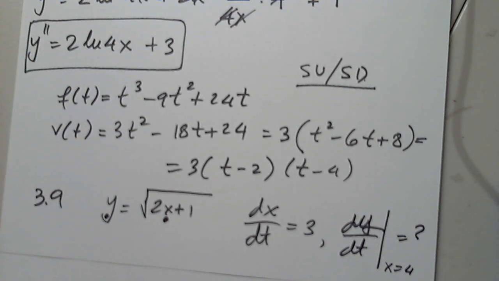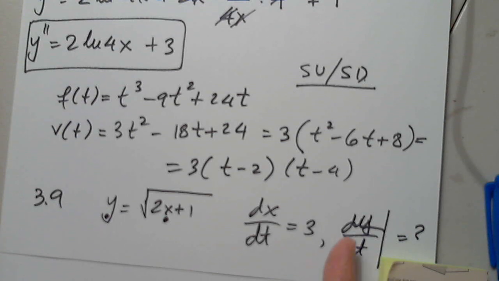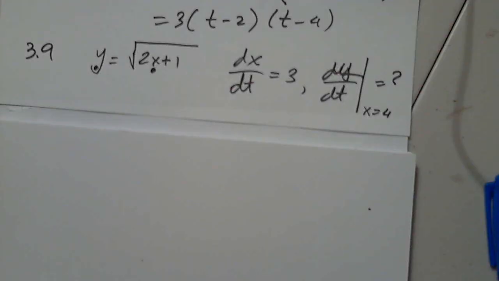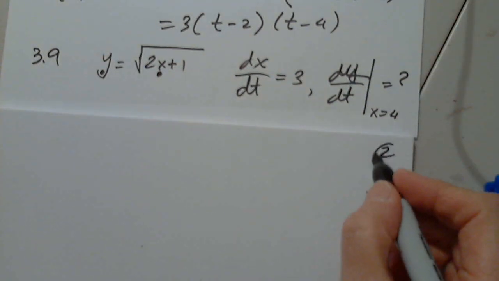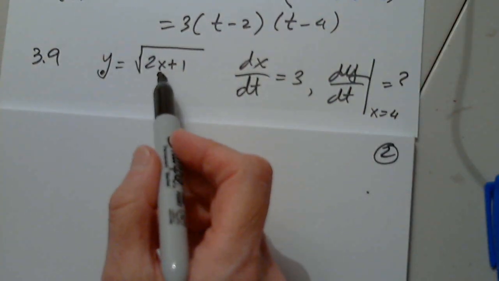So remember this. This is the trap. We cannot look at that. We have to find dy over dt first, and then plug in whatever they tell us. So in order to differentiate y equals the square root of 2x plus 1, remember these are both functions of time.